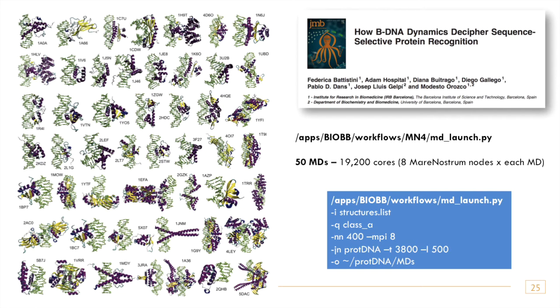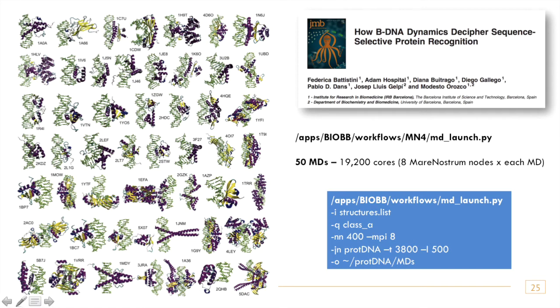This is just an example, but I can think about another example, also from last year. In this case, we wanted to understand how much of the information of the protein-DNA recognition was encoded in the canonical B-DNA dynamics, and for that we selected a set of 50 protein-DNA structures from different families from the PDB.